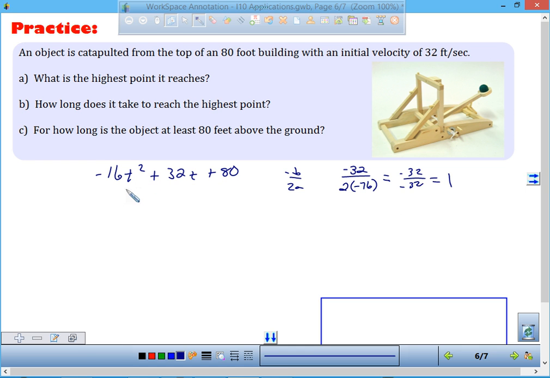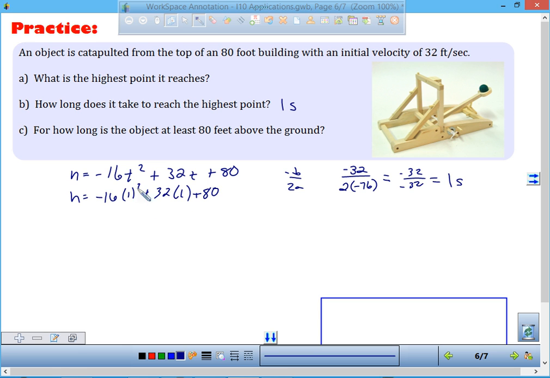So I have negative 16 times 1 squared plus 32 times 1 plus 80. Okay, so this 1 is the 1 second that it takes to reach the highest point. So how long does it take? 1 second. We answered part B. When I substitute this 1 back in, that's going to give me my height.